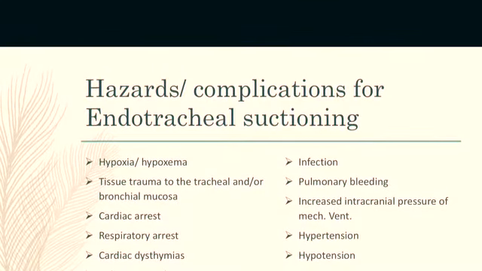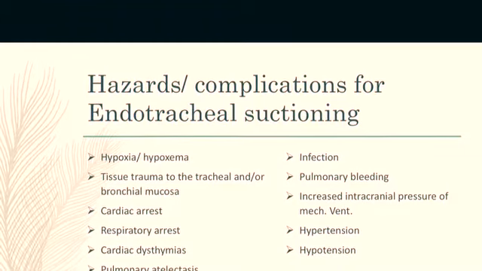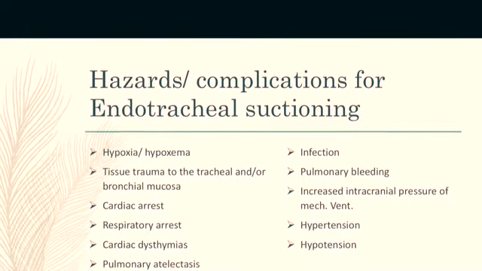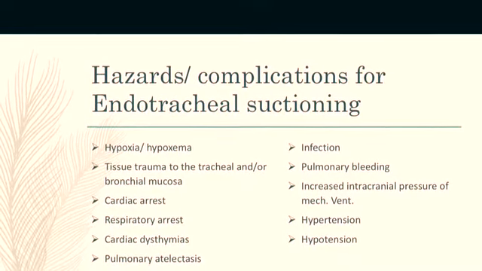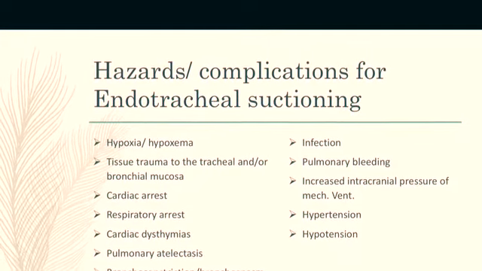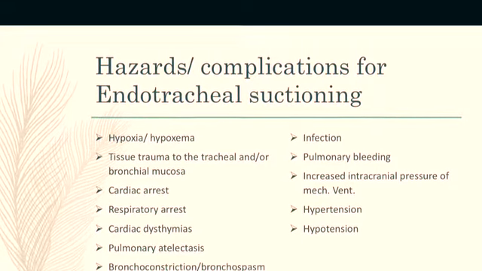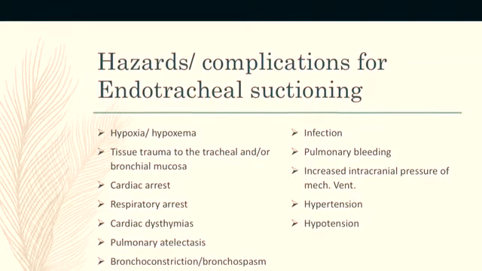Hazards and complications for endotracheal suctioning: hypoxia, hypoxemia, tissue trauma to the tracheal and bronchial mucosa, cardiac arrest, respiratory arrest, cardiac arrhythmias, pulmonary atelectasis, bronchoconstriction, bronchospasm, infection, pulmonary bleeding, intracranial pressures, interruption of mechanical vent, hypertension, and hypotension.